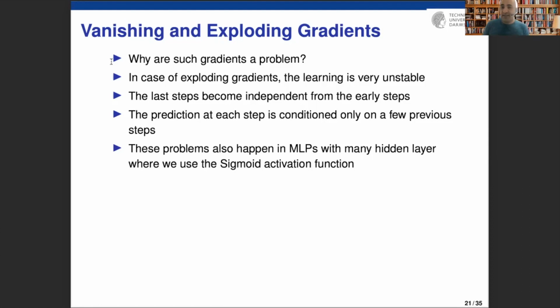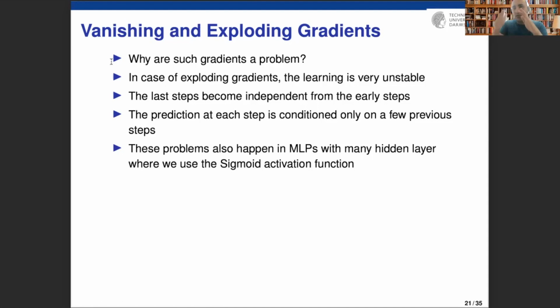The other weakness is that the last steps become independent from the early steps. The main idea behind recurrent neural networks was to capture long distance relations or long dependencies between input tokens. But if the exploding or vanishing problems happen, then you lose this dependency.